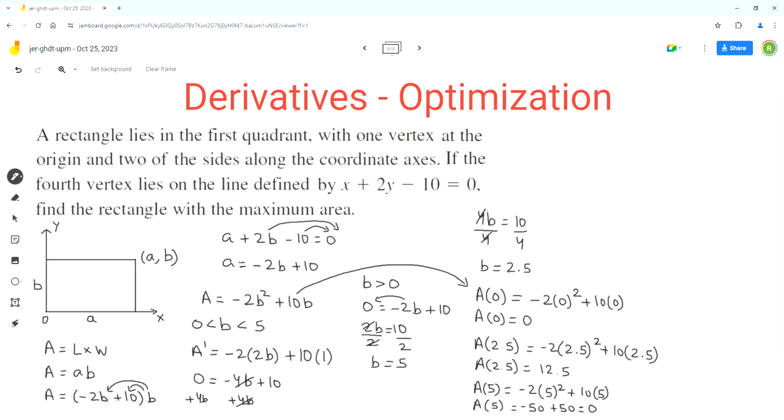I get 0. So that means the area is maximum at B equals 2.5.